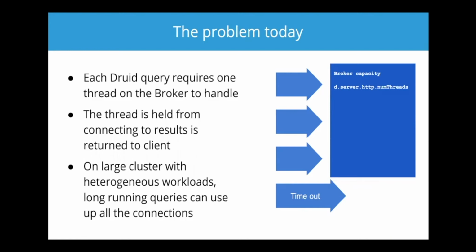Let's say you have one broker, and that one broker has 40 threads. If you have 40 queries running that are all really long running, big reports, they're not going to be sub-second, they'll take maybe a minute each. That would tie up all 40 for a minute if you have 40 running at the same time. And that means that regular, interactive queries cannot run. They'll have to queue up and wait, and then they may time out.